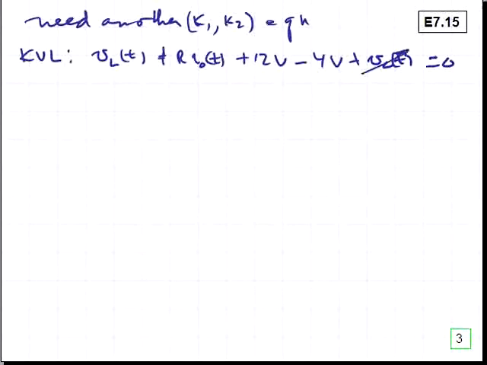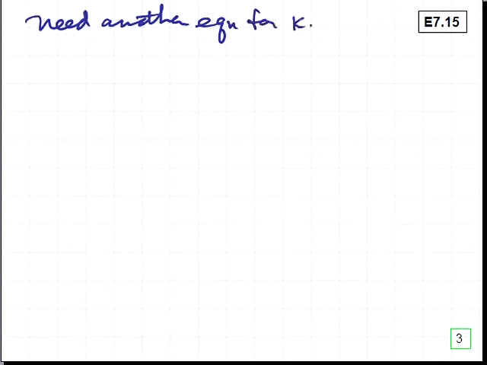We've decided that we need another equation to solve for the K1 and K2 coefficients. So let's look at the Kirchhoff's voltage law summation of voltages around our existing loop.